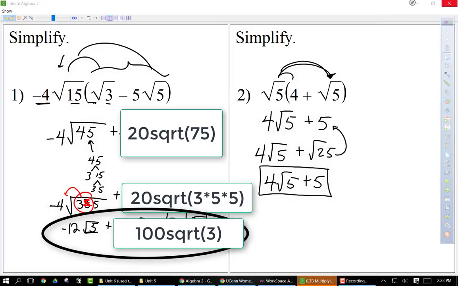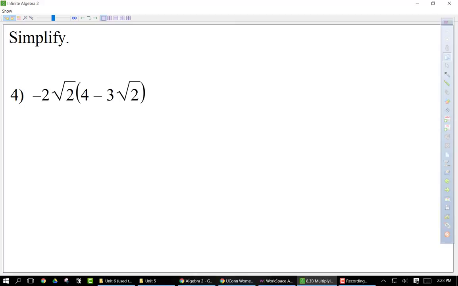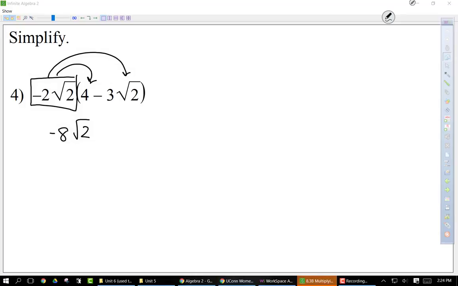So that's multiplying a monomial times a binomial. Before we go further, let's go to number 4 here. We have to make sure we understand what's going on. When I take a monomial times another monomial, the numbers outside multiply. So negative 8 root 2. And then when I take this times this, the negative 2 and the negative 3 multiply to get a positive 6 root 4.